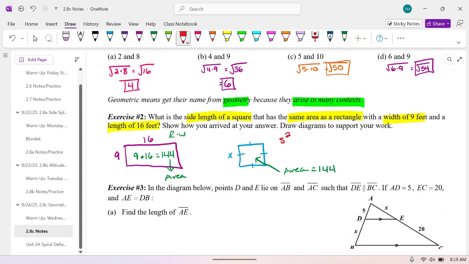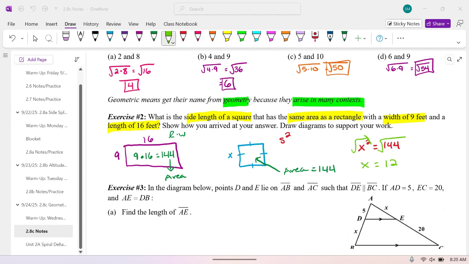All right. So if we know the area and we know that x squared is going to equal our area, how do I solve it? So how do I undo a square? Square root. So if I take a square root of both sides, x would be equal to what? 12.